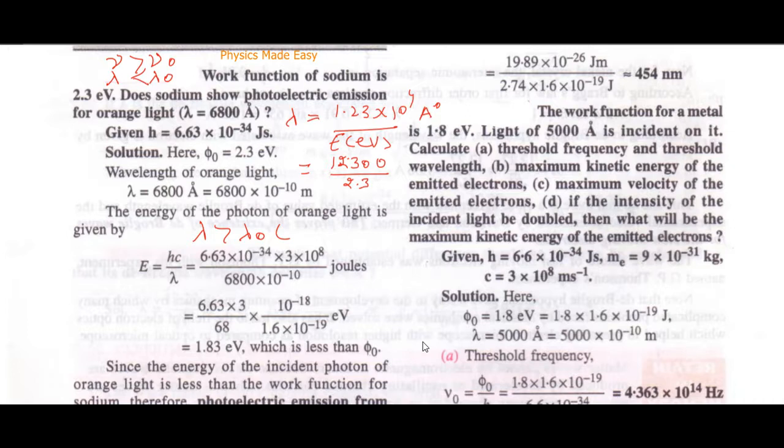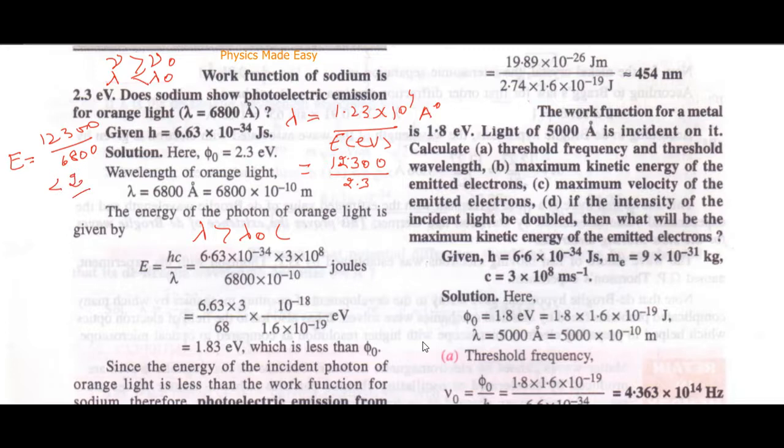Another way is to find the energy corresponding to this photon, using the reverse formula: E is equal to 12,300 roughly divided by 6,800. If we multiply 6,800 by 2, that becomes about 13,600. It means this is less than 2.